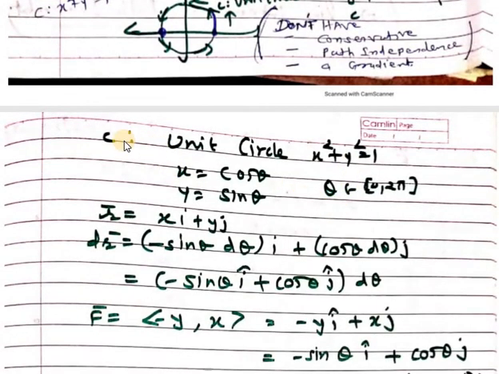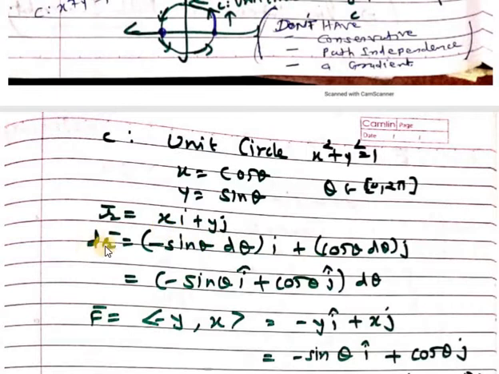Given that the contour is the unit circle, we can represent its parametric equation as x is equal to cos theta, y is equal to sin theta. To get this circle, we have to rotate theta from 0 to 2 pi. Here r bar, the position vector, is x i plus y j, but x is cos theta and y is sin theta.